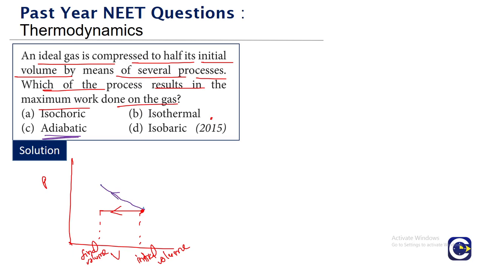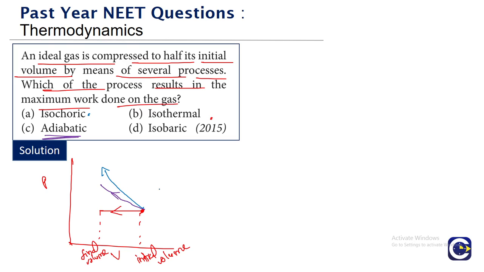That is how the adiabatic is going to be. An isochoric doesn't make much sense here. Why? Because the volume is reduced to half the initial volume, and we're talking about changing of the volume, so that is never going to be an isochoric process. So we'll just leave it out.